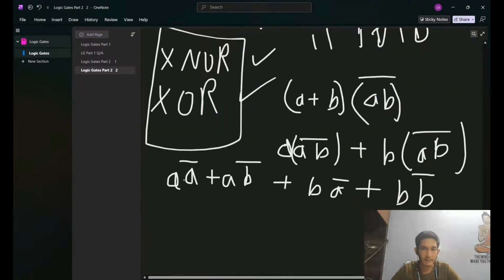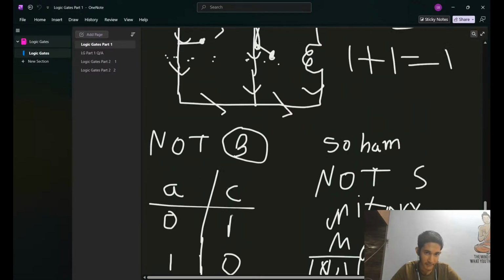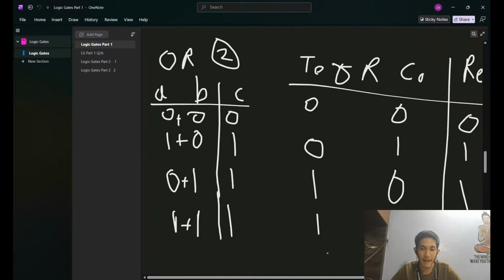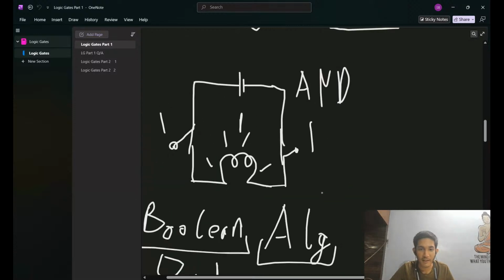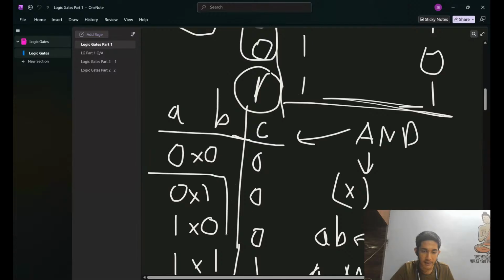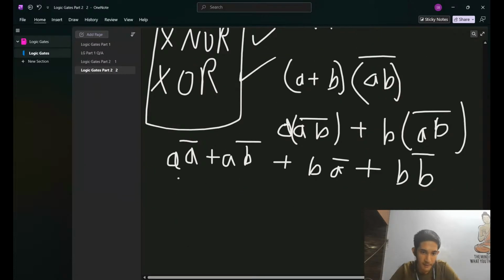What does A' do? It reverses it, right? So we have different bits. And for AND, we want to check if the bits are the same and 1. So for these two things, the result will always be 0, right? So that means A times A' will always be 0.